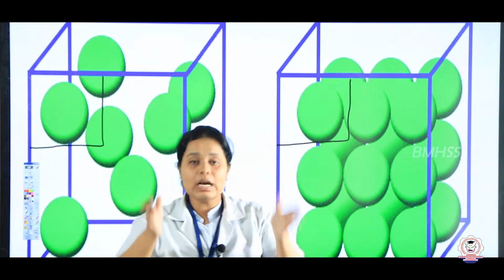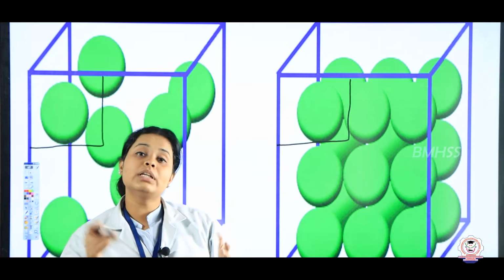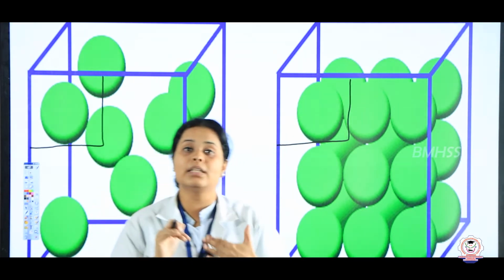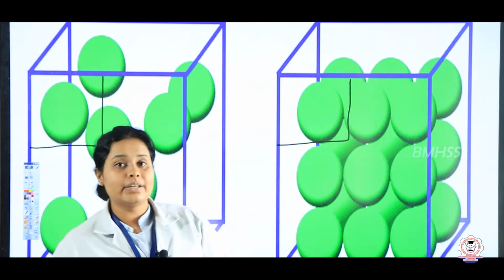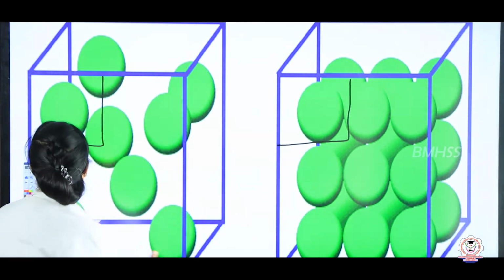That means at a particular space, here there is only one and here there are two atoms. That shows that if the number of molecules per unit volume increases, then the density, which you can also call mass, will increase. So depending upon this density also, it's a principle.